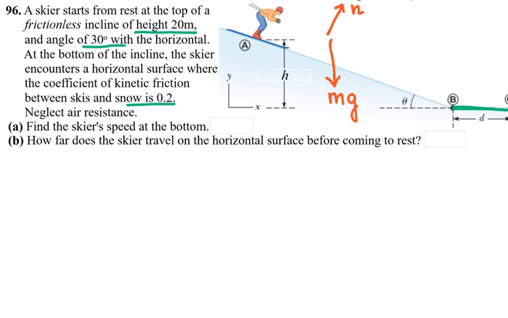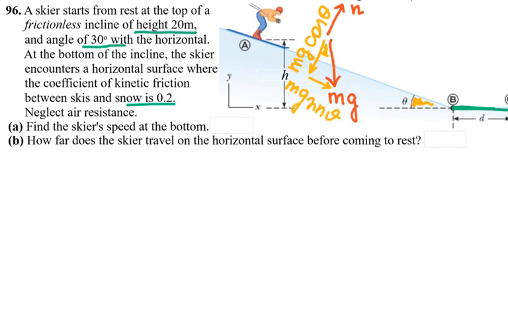So the force of gravity will be broken into two forces, vertical and horizontal, and I already know that this angle is the same as the theta angle. So that gives me the vertical force is mg cosine theta, and the horizontal force is mg sine theta.